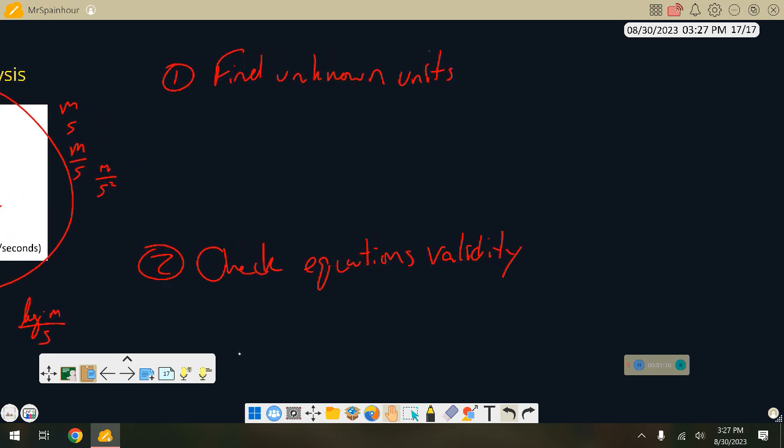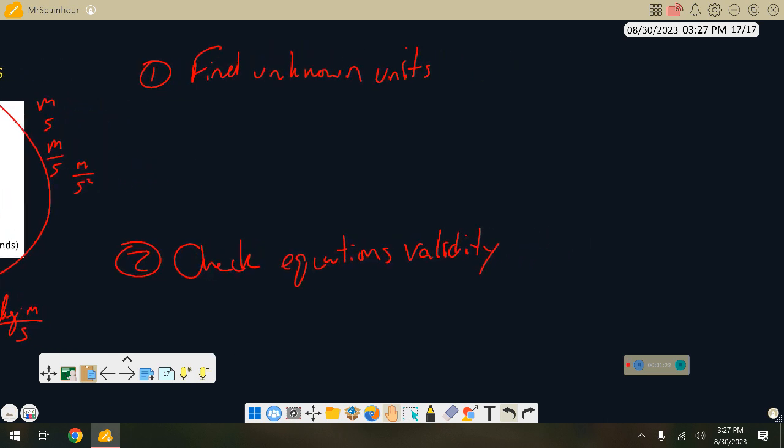Say that we have an equation such as this, where I have an unknown variable that I'm not sure of. So I have b equals a over t. What you're going to do is put it underneath or over to the side, and replace the variables on the right side with their respective units.